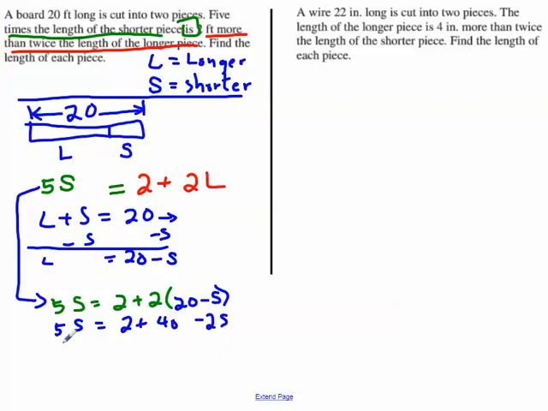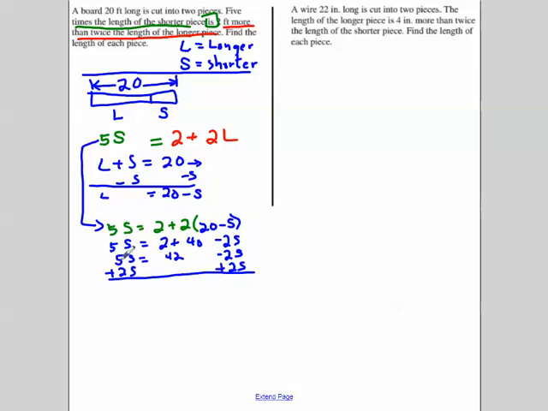Let's see, combine like terms. 5S equals 42 minus 2S. I've got to add 2S over here, add 2S over here, and I'm running out of room, so I'm going to extend my page. 5S plus 2S, 7S equals 42.